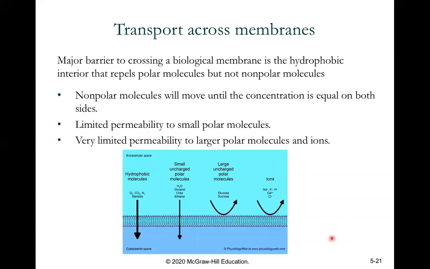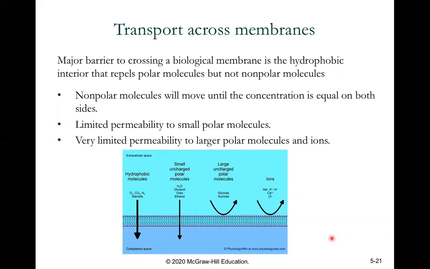The transport across membranes is important because a major barrier to crossing a biological membrane is the hydrophobic interior that repels polar molecules, but not nonpolar molecules. Remember that nonpolar molecules will move until the concentration is equal on both sides, and the membrane is limited in permeability to small polar molecules and has very limited permeability to larger polar molecules and ions. These are shown below.